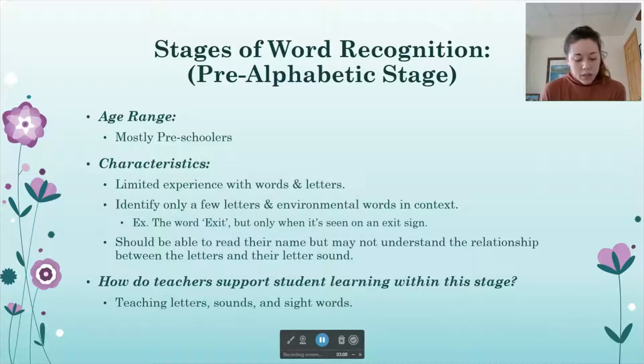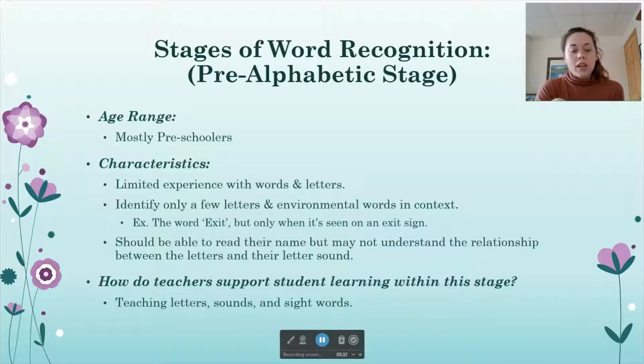Students in this phase should be able to read their name, but may not understand the relationship between the letters of their name and the sounds that they make. Teachers support student growth at this phase by teaching letters, sounds, and sight words within the context of predictable or repeated text. So a lot of this is starting to learn. You have very limited experience with letters, words, and their sounds.